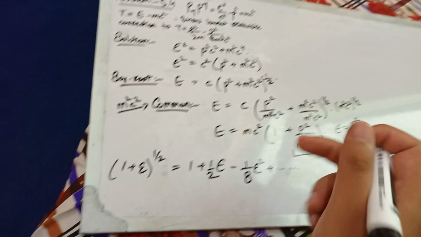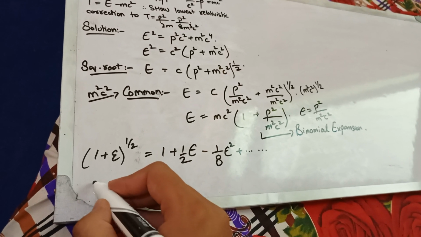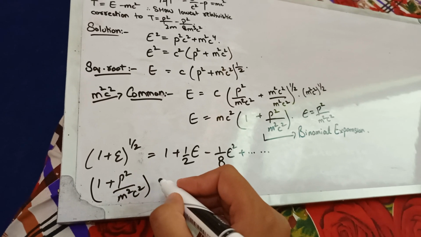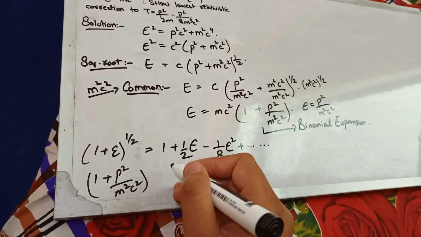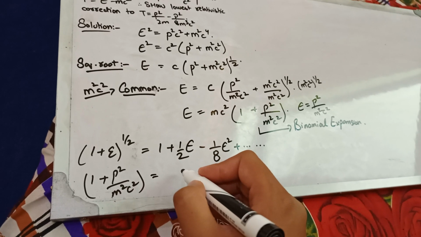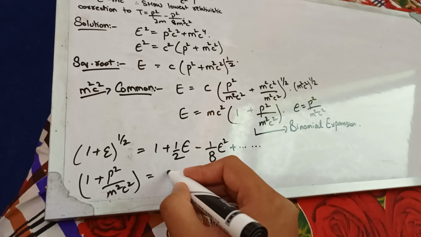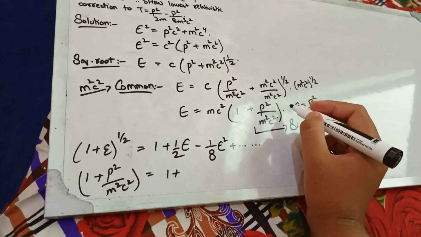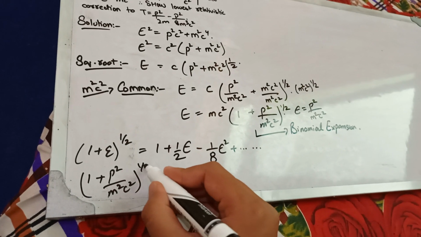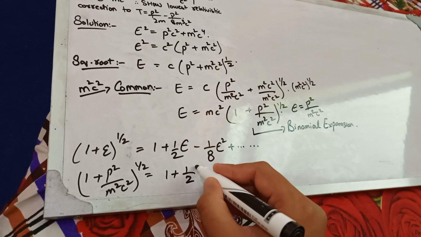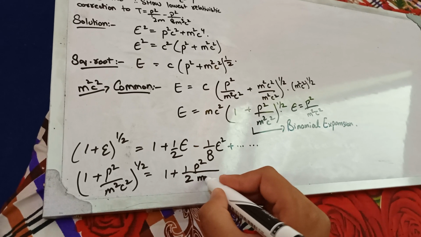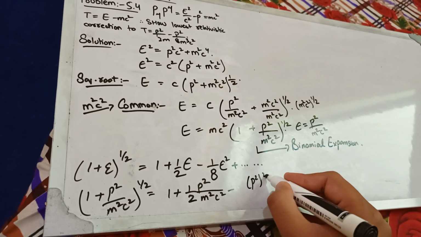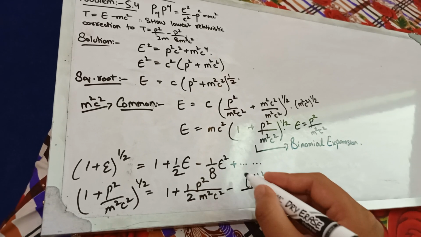Just put the value of epsilon here. So you get 1 plus p²/m²c² to the power 1/2, which becomes 1 plus 1/2 p²/m²c² minus p⁴ over 8m⁴c⁴, because there is the square of epsilon.